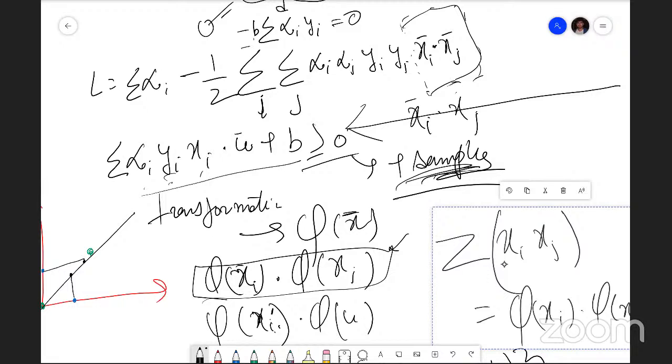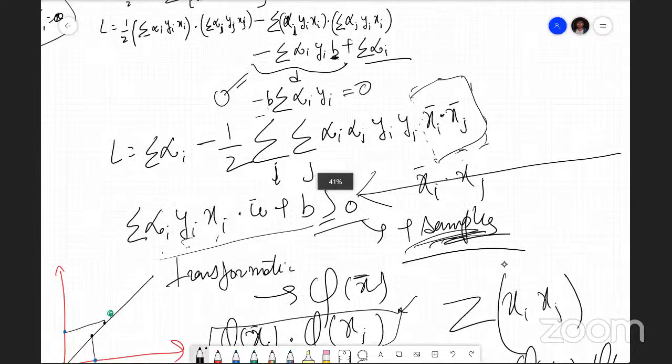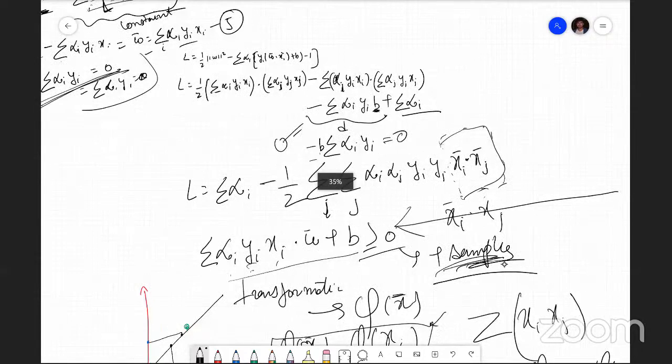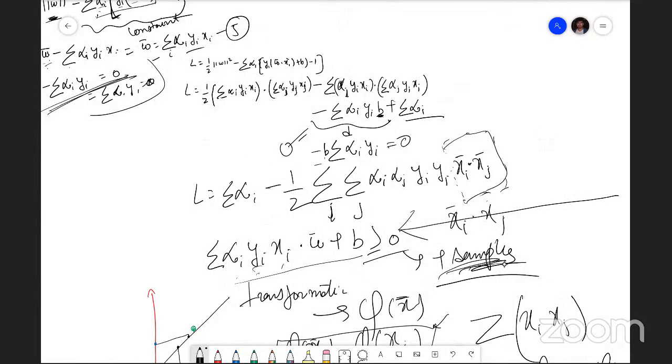Okay, let's go back a little. So I had the two derivatives. I set them to 0, and then I used them. I put that back into the longer equation. Then I used constraint number 6 to set some terms to 0, and constraint 5 has already been used. We basically plugged it back into the equation.